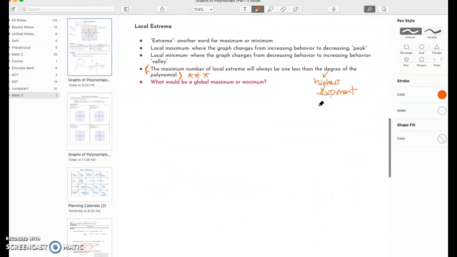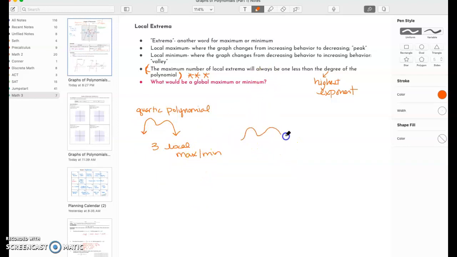And so we can use this property a couple different ways. So again, if I had a graph that looked like this, we would count. We have 1, 2, 3 local max or min, which means this has to be a quartic polynomial because 3 plus 1 is 4. So it has to be a degree of 4. So it would be a quartic polynomial.